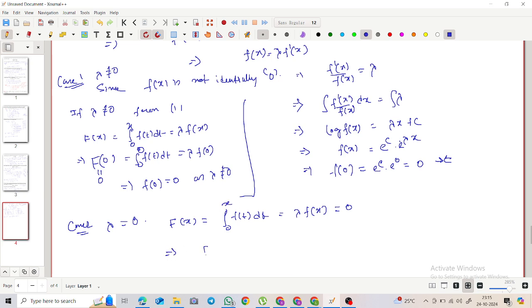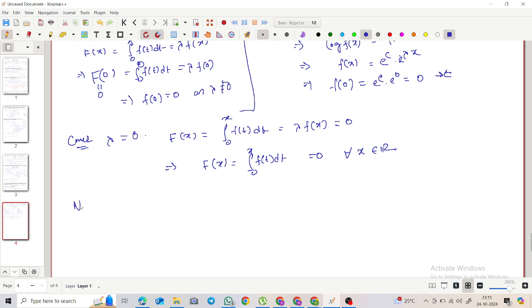This implies the integral from 0 to x of f(t) dt is 0 for all x, because the function is 0. F(x) is 0 means f is identically 0.